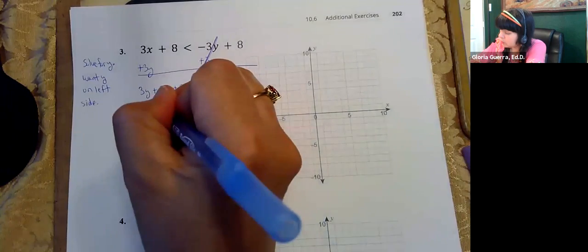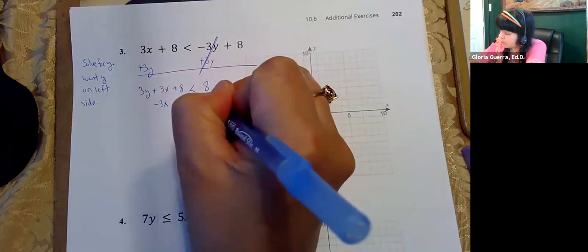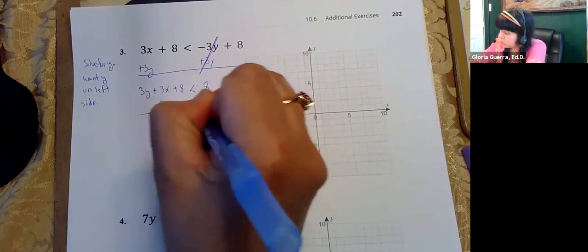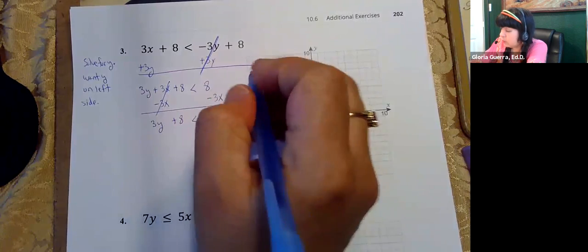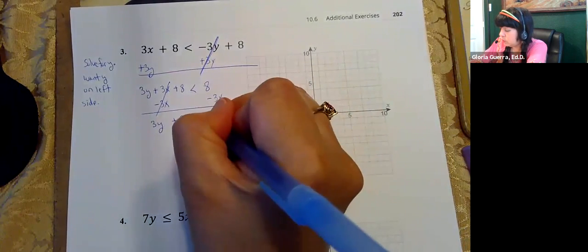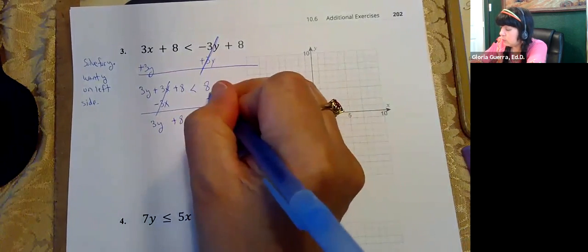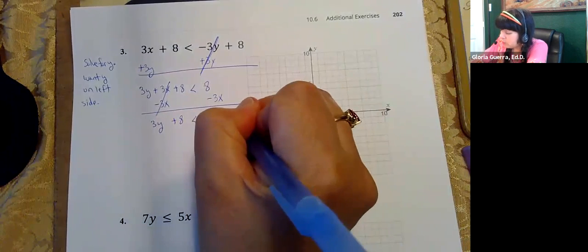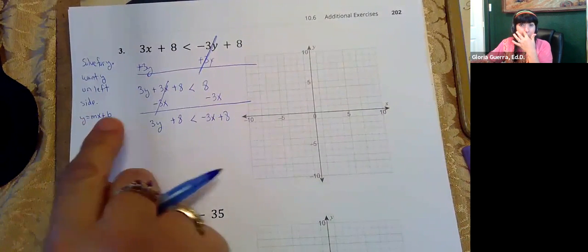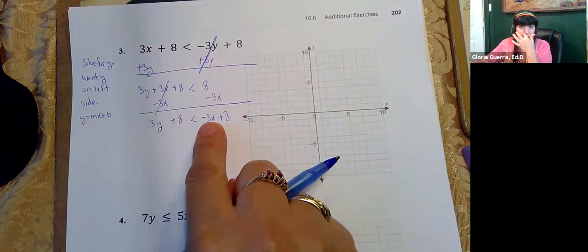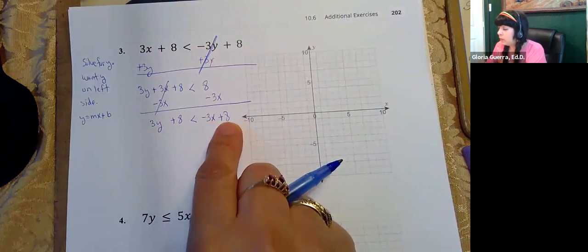So now I'm going to subtract 3x. I have 3y plus 8 is less than, and I'm going to put the -3x first, and then the plus 8, because I'm trying to mimic y equals mx plus b: the x term first for the slope and then the constant.